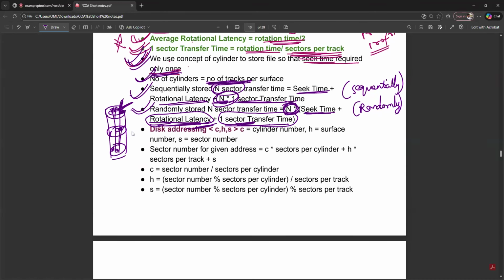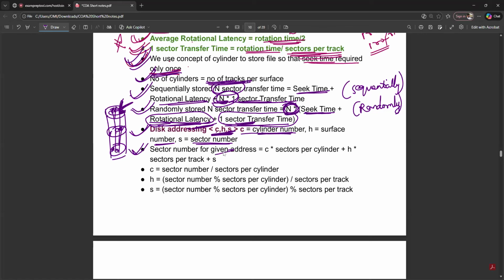Got it? Now disk addressing. Disk addressing has the format CHS, which means cylinder number, then surface number, then sector number.